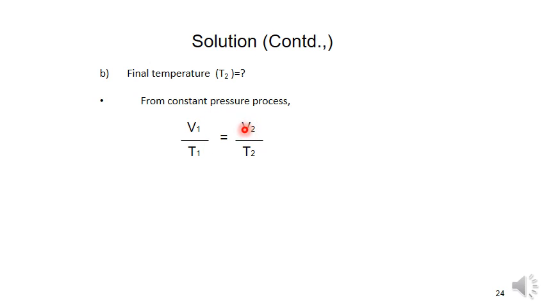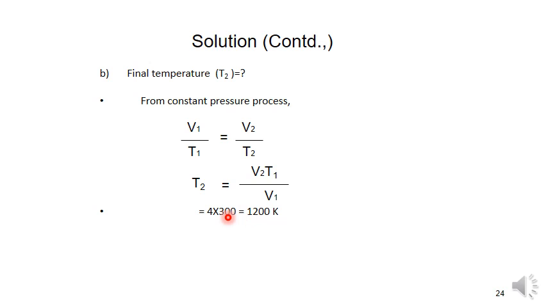Cross multiplying this, because we know the ratio of V2 by V1 is equal to 4, we want T2. So T2 is equal to V2 by V1 into T1. The ratio is 4 and T1 is 300, so 4 into 300 is 1200 Kelvin.